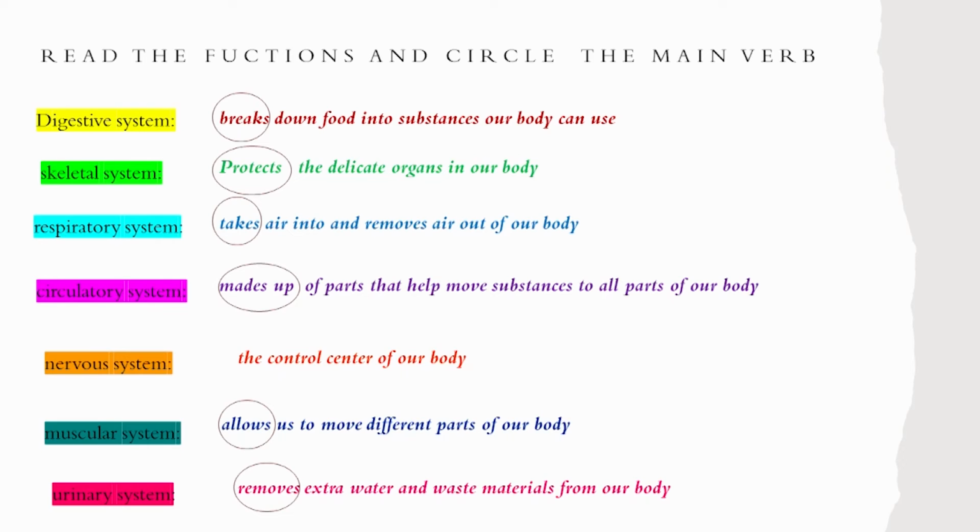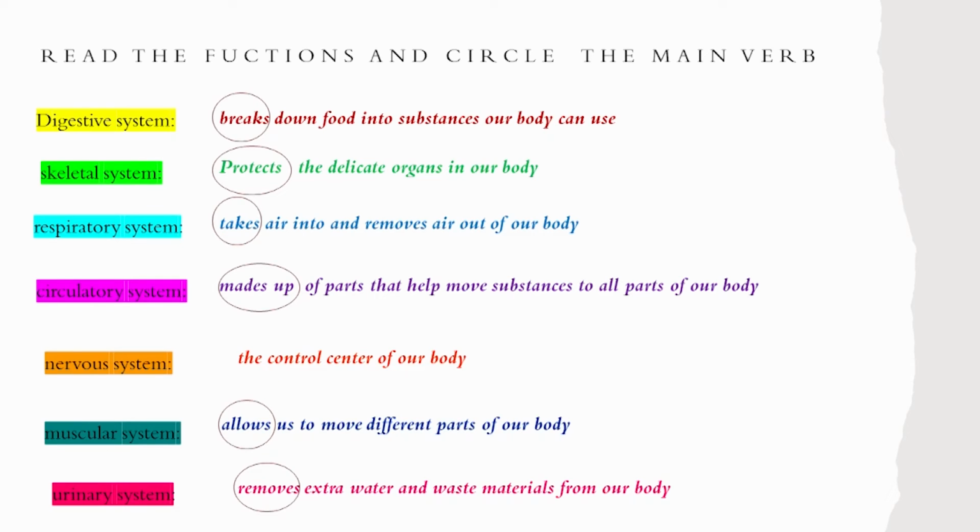And the nervous system, in this case, doesn't have a verb, because the function is different. In the muscular system, the main verb is allowing us to move. And the urinary system, the main verb is removing extra water. So if you have the good verbs, you are doing good work.